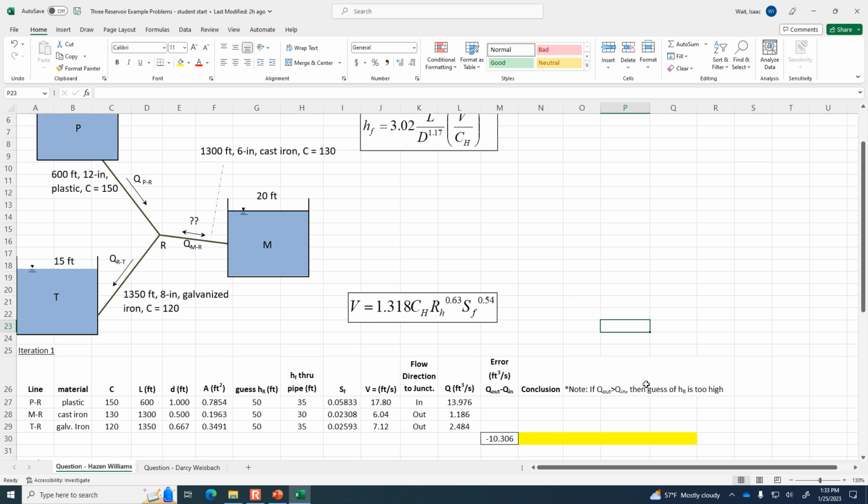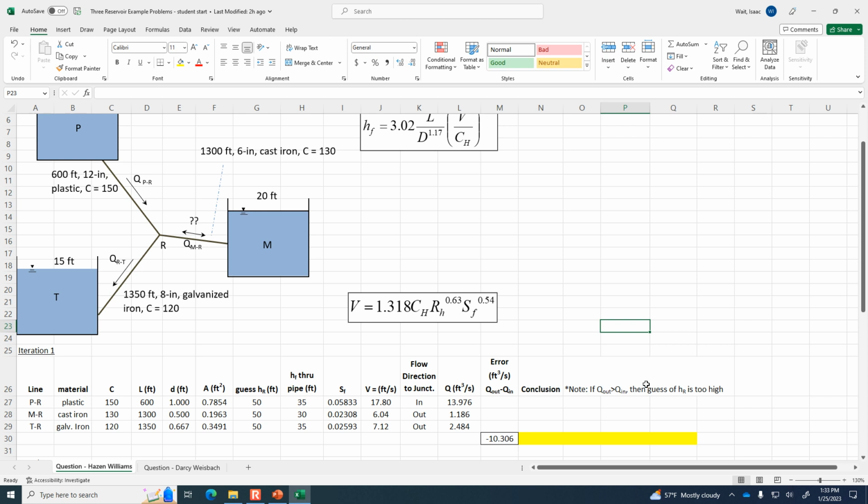If Q in is greater than Q out, then the guess of head at the junction, in this case the junction is called location R, then the head at location R is too low. So that I swapped it. The statement on here says if out is bigger than in, the guess is too high.